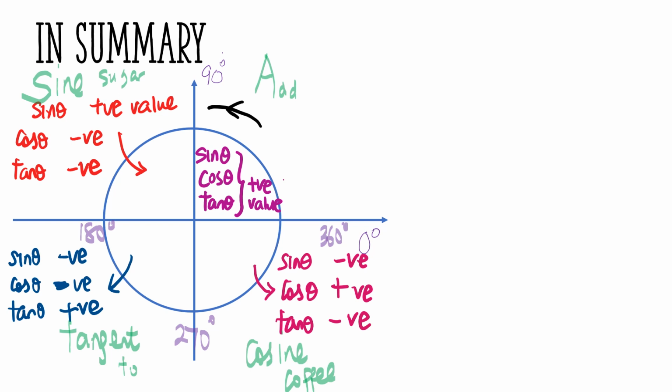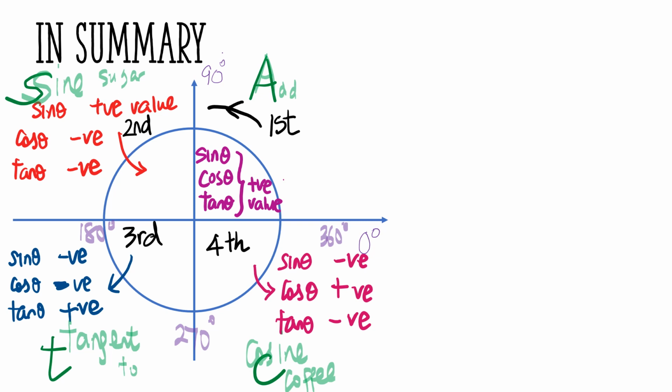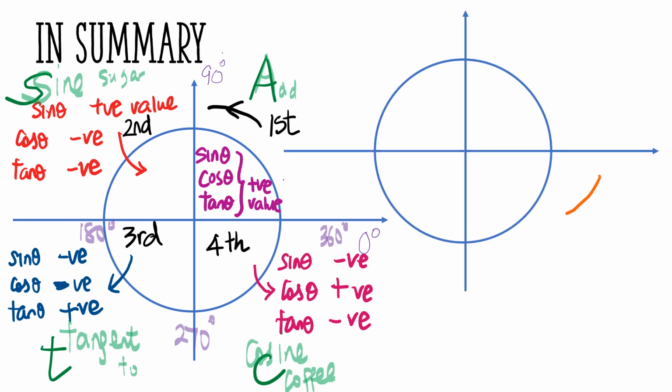So how about angles that are measured in a clockwise direction? An angle that's measured in the clockwise direction refers to the negative angle.